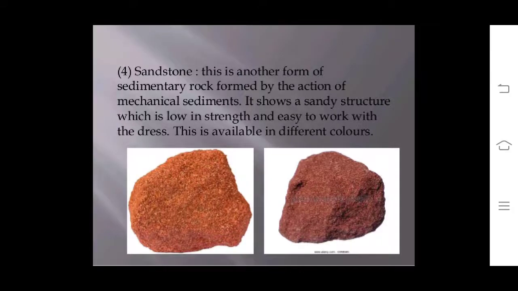The next type of stone used is sandstone. This is another form of sedimentary rock formed by the action of mechanical sediments. It shows a sandy structure which is low in strength and easy to work with and dress. This is available in different colors.